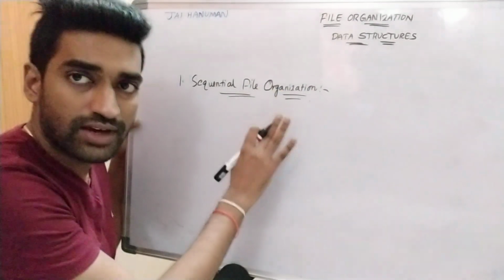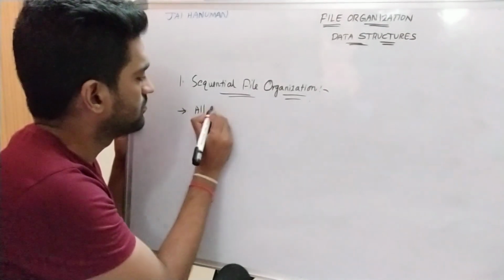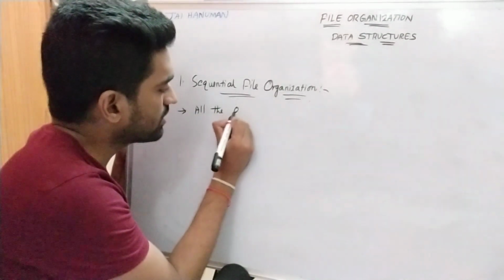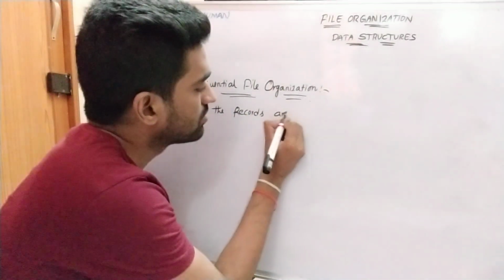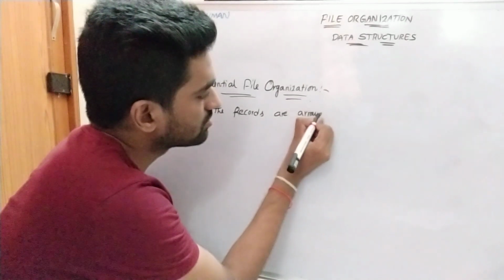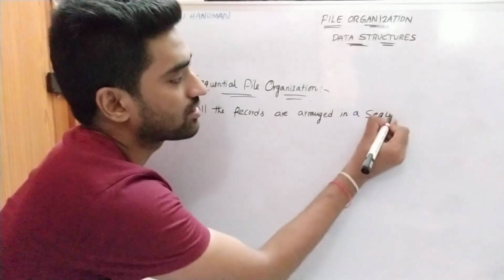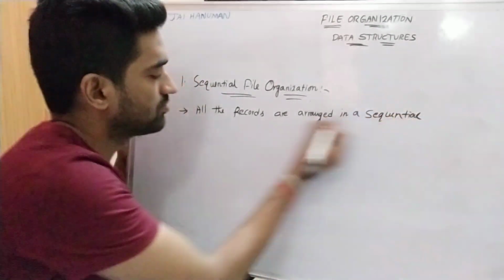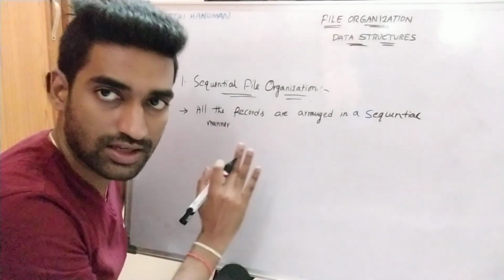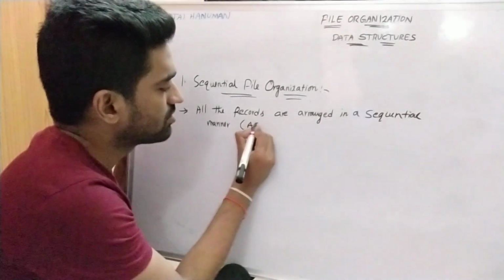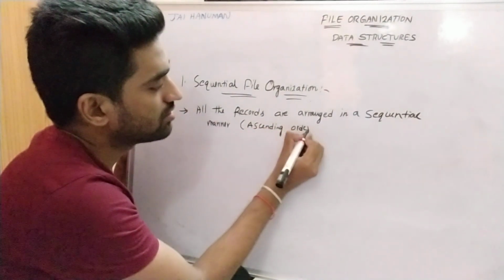So in sequential file organization, all the records are arranged in a sequential manner, which means either ascending order or descending order.